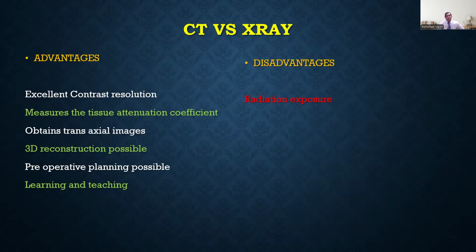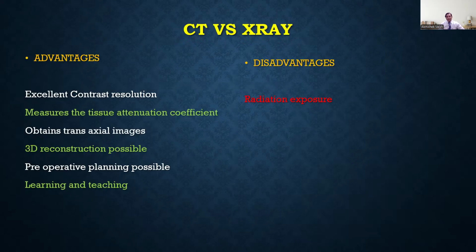So what is the difference between CT scan and X-ray? CT scan is extremely important in intra-articular fractures because it gives us a good image and tells us about the fracture morphology so that we can plan the case. It has excellent contrast resolution.